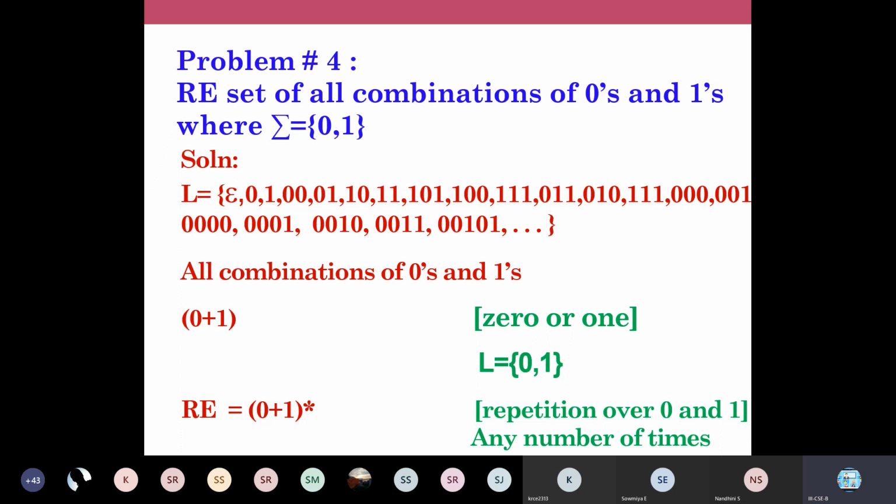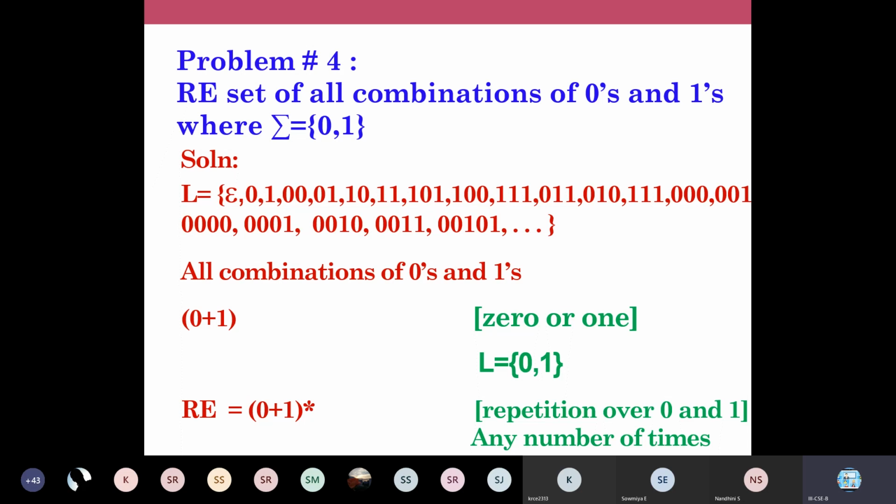So the set of all combinations of zeros and ones denotes a language like this. When I am telling set of all combinations, I have to consider the 0th occurrence also, without taking any symbol. That's why your language will have epsilon, and then you write whatever strings you want. You start with 0 length string, then 1 length strings, 0 and 1.